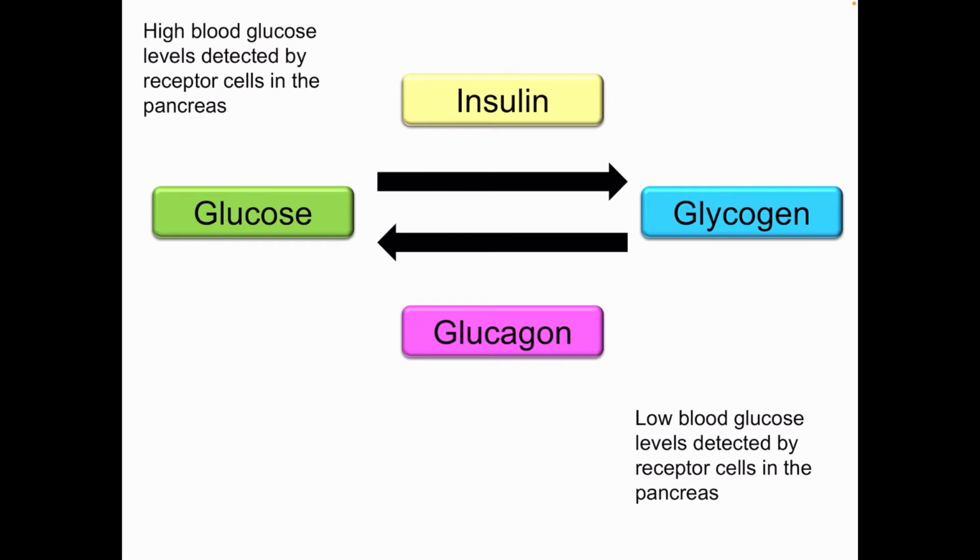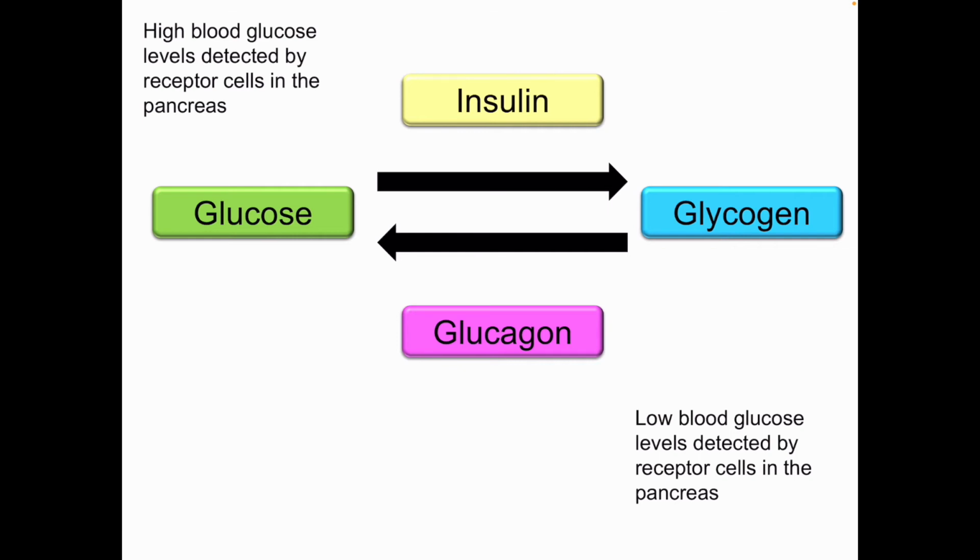So insulin is the hormone that stimulates the conversion of glucose to glycogen. So insulin will decrease your blood glucose levels. Glucagon is the hormone that stimulates the conversion of glycogen to glucose. So glucagon increases your blood glucose levels.